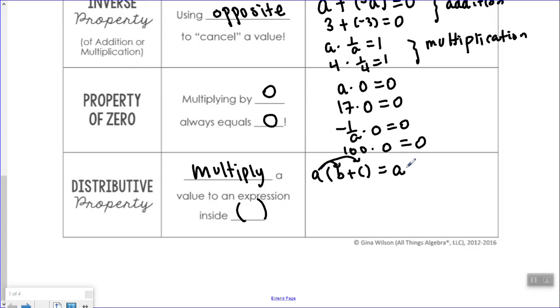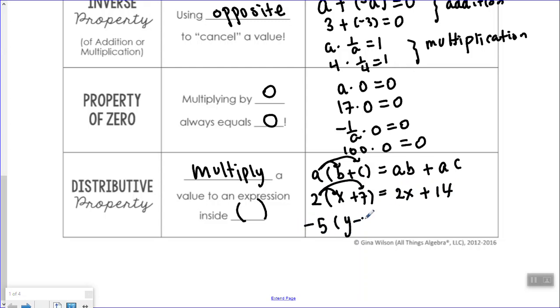So 8 times b plus 8 times c. 2 times x plus 7, you distribute, it will be 2x plus 14. If we have a negative number, negative 5 times y minus z, you distribute, negative 5y. Here, negative 5 times negative z will be positive 5z. So when you see this, you have to know this is a distributive property.